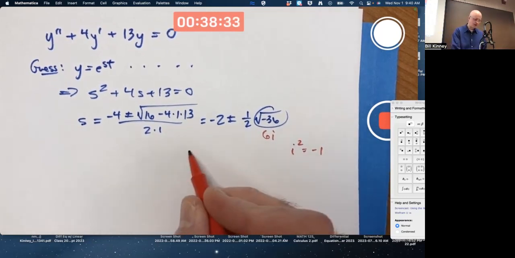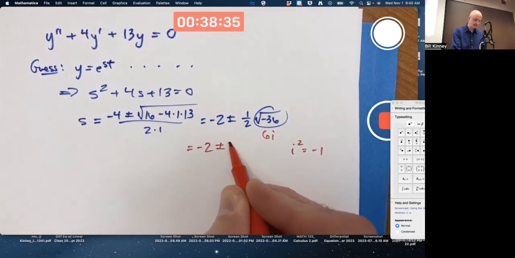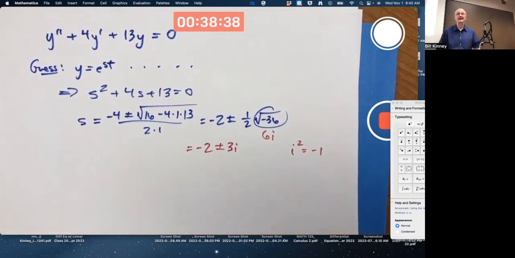Don't forget to divide by 2. -2 plus or minus 3i are our two complex eigenvalues. Yeah, you can call them eigenvalues, even though I didn't write a matrix. As before, if all you're after is a scalar solution, you don't have to bother with matrices and vectors.